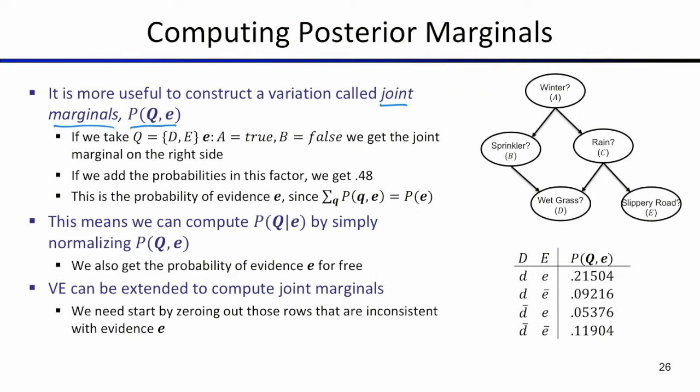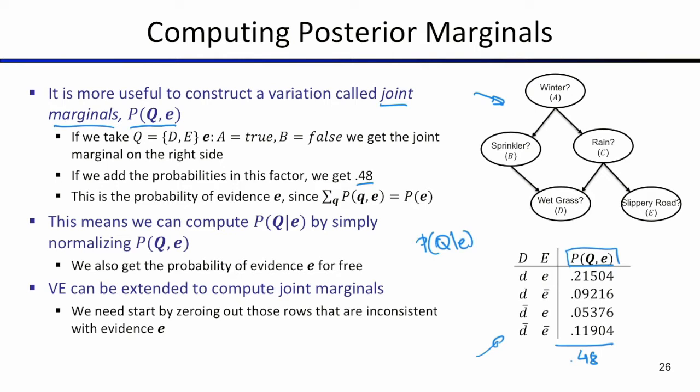For this Bayesian network, the numbers are going to be slightly different because we are not computing the probability of query given evidence, but the probability of the query and the evidence. We're going to get those numbers shown in this table here. But if we sum all those numbers together, we get 0.48, that is the probability of evidence.